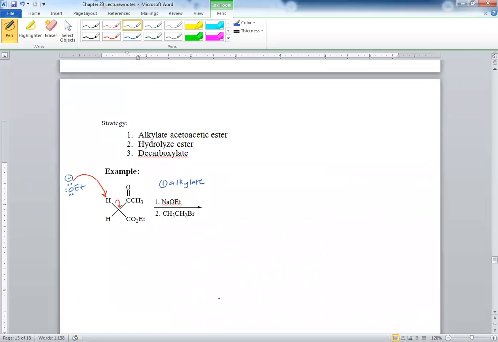Let's actually write underneath here what we have. We produce this intermediate, the nucleophile.